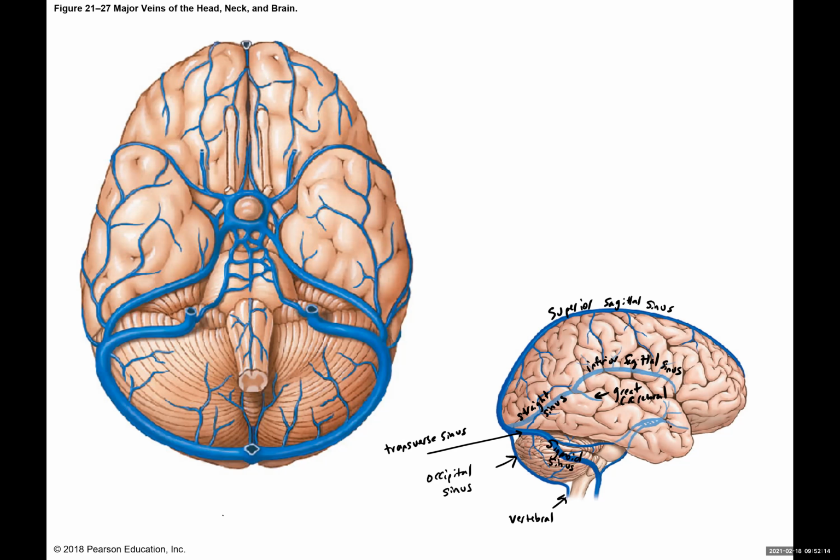Right here is the cavernous sinus. These vessels here and here would be the petrosal, named as in the petrous part of the temporal bone, petrosal sinus. And we can see then the petrosal sinus and the sigmoid sinus are emptying into the internal jugular.